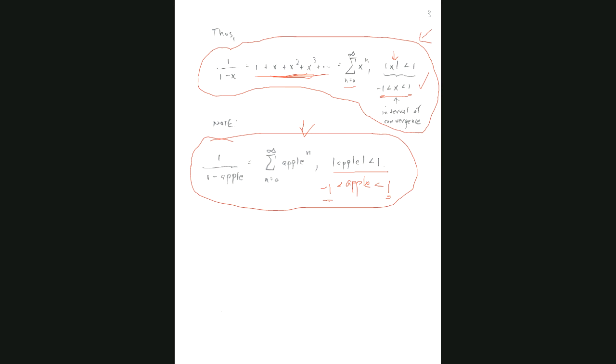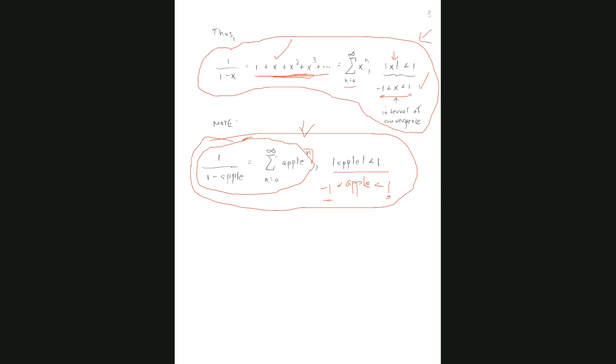Well, for our Apple formula here, the Apple formula came about based off of the 1 over 1 minus x formula. And so the interval of convergence for the Apple formula is Apple is between -1 and 1, and we don't need to worry about testing the endpoints. So anytime I use this Apple formula, I don't need to worry about the endpoints.